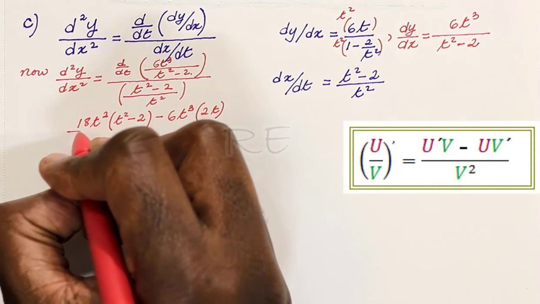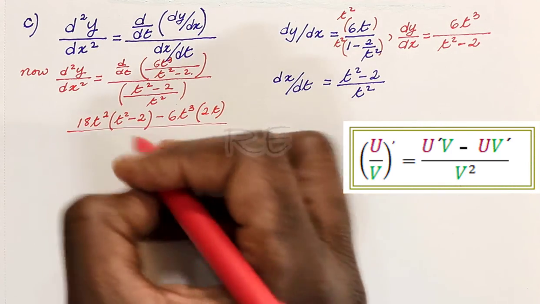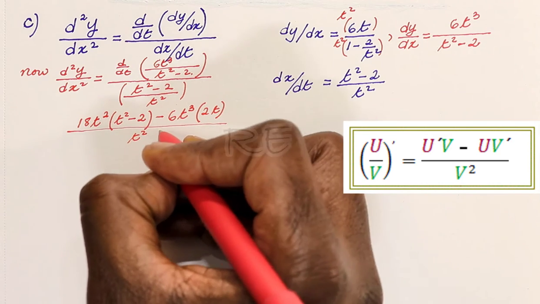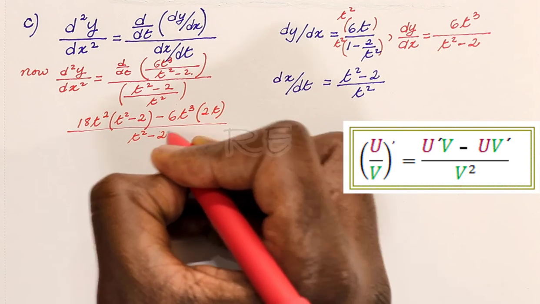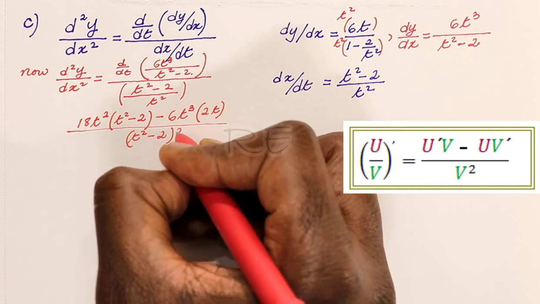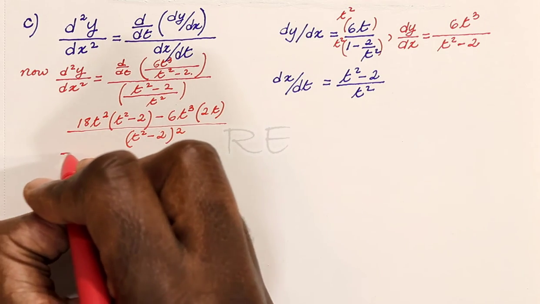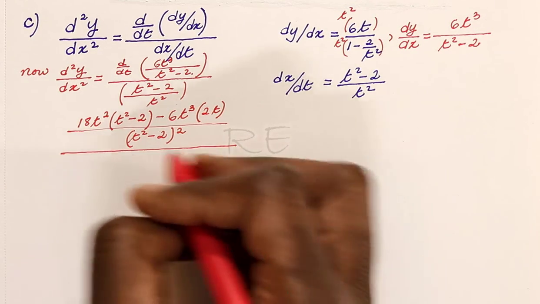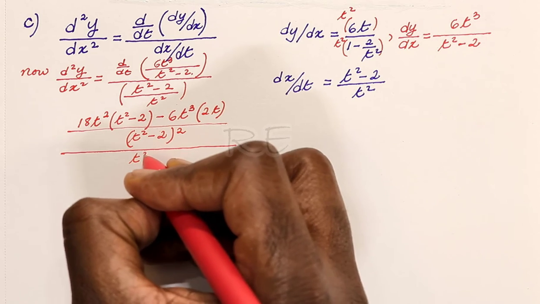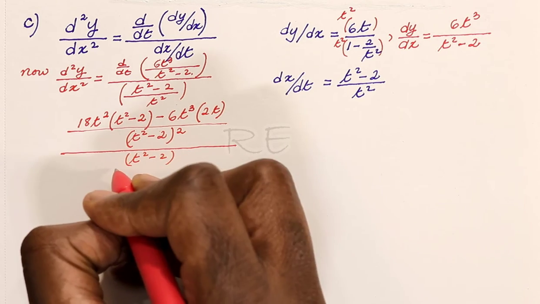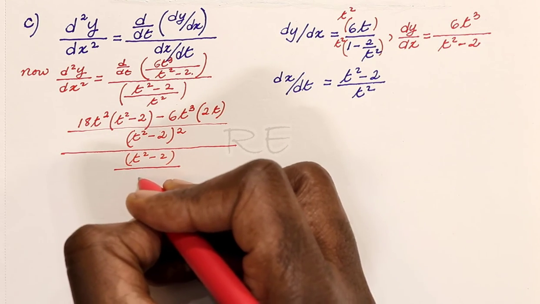The whole thing is divided by v squared, which is t squared minus 2 squared, divided by dx/dt, and dx/dt is t squared minus 2 over t squared.